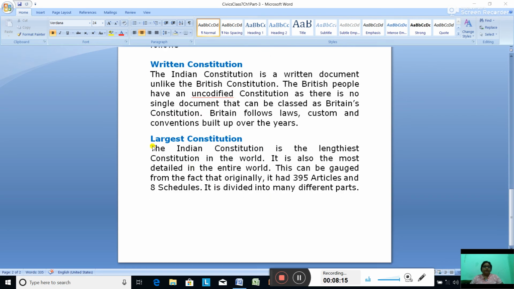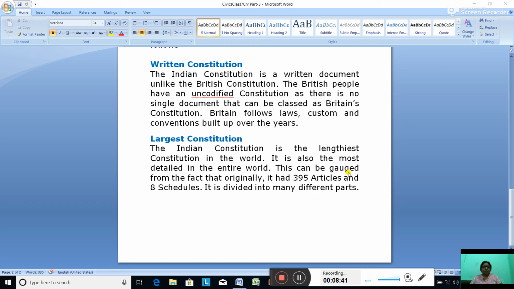Next, the Indian constitution is not only a written constitution, it is also the lengthiest constitution of the world. Understood? It is also the most detailed in the entire world.